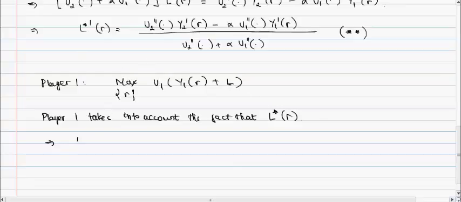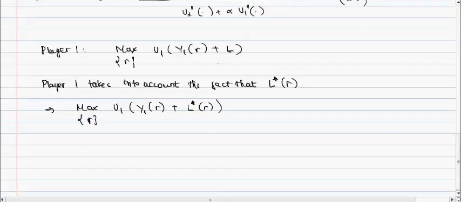So the problem becomes: maximize the utility U1, a function of y1 as a function of R plus L star, which player 1 knows is the optimal amount chosen by his parent as a function of his choice R.